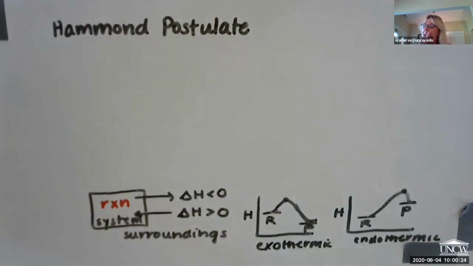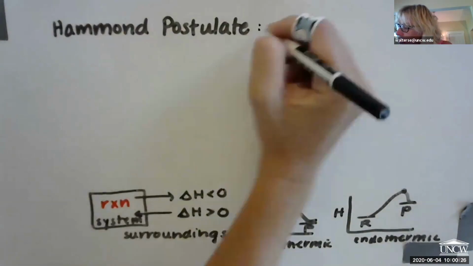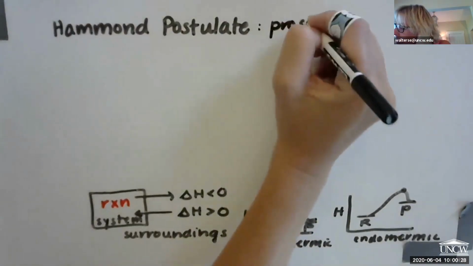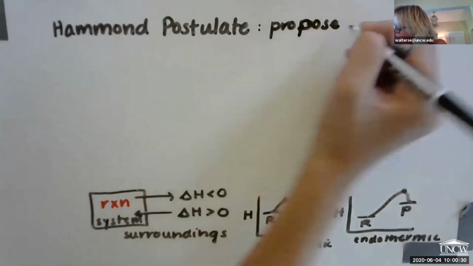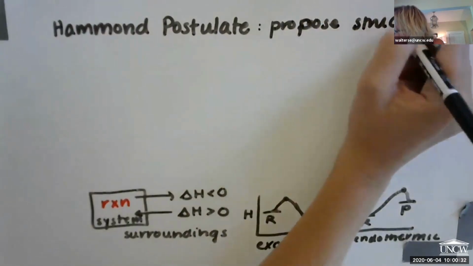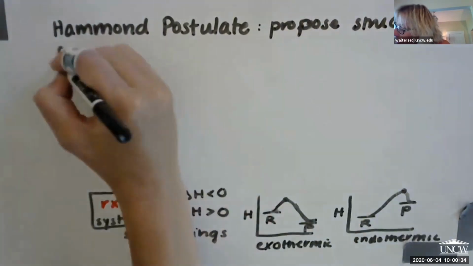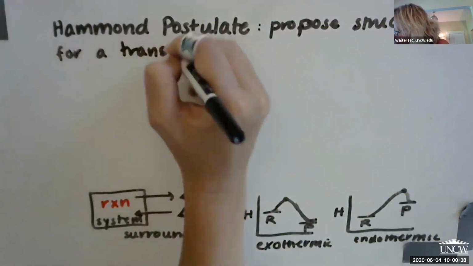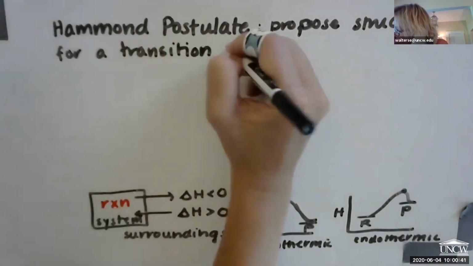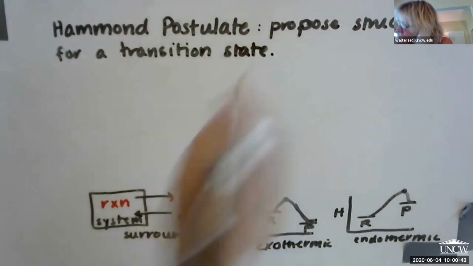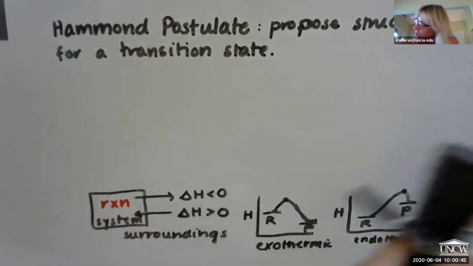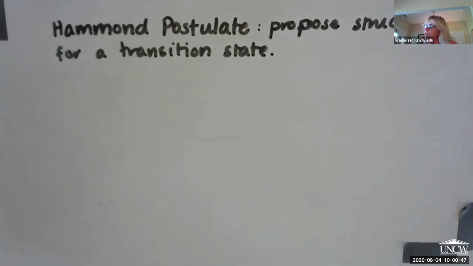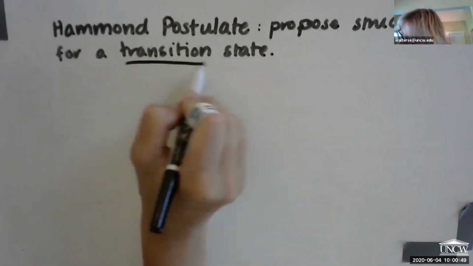What a Hammond postulate allows you to do is propose a structure for a transition state. So I'll redraw those in just a minute. What is a transition state?